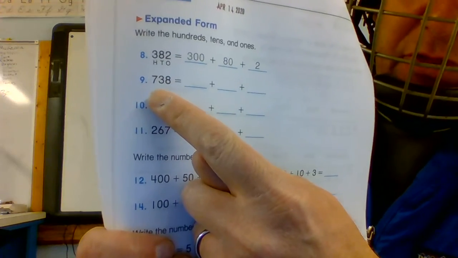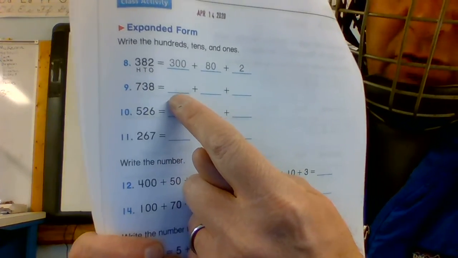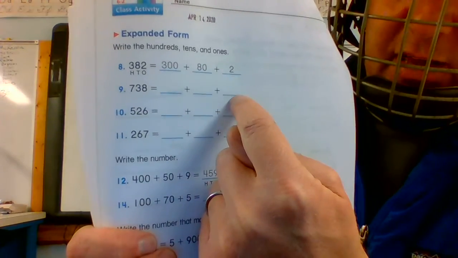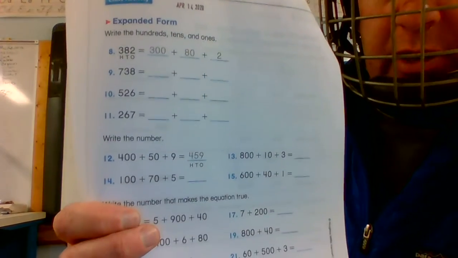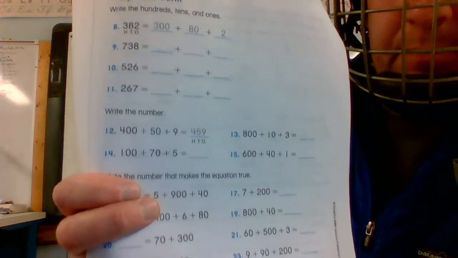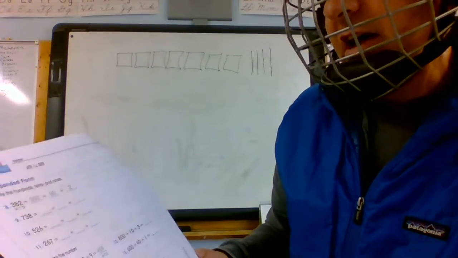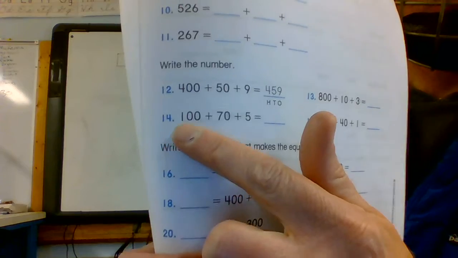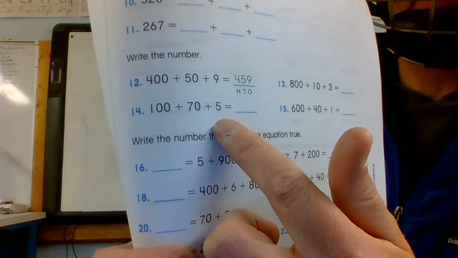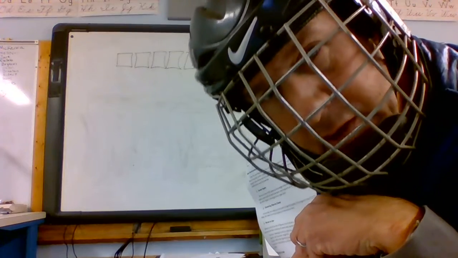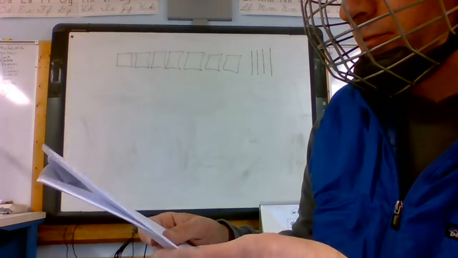So 738 would be 700 plus 30 plus 8. Okay, we got that? I think we can do that. Pretty straightforward. And that goes to say that when we get down here, 100 plus 70 plus 5, 175.